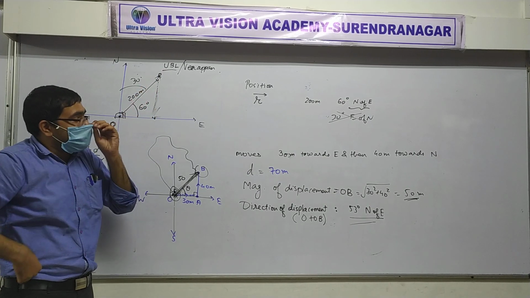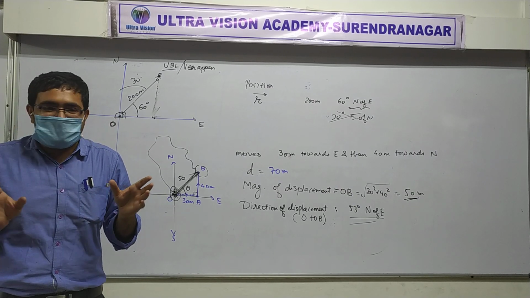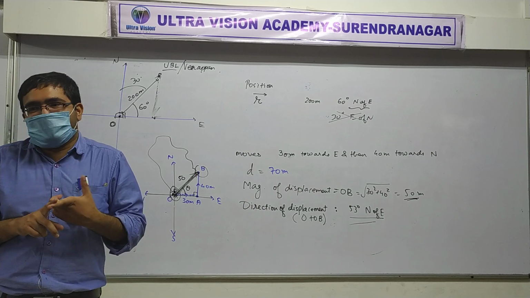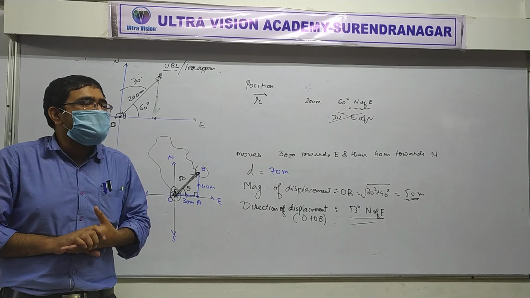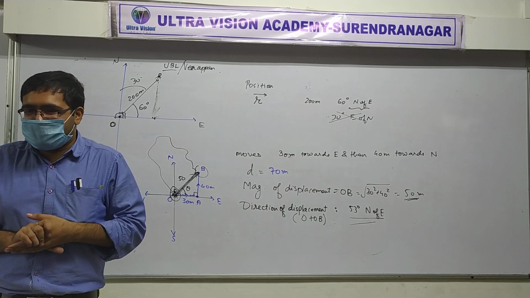A vector must have only one direction, it should not have 2 or 3 different directions. Did you understand? Path length is a scalar, just like I mentioned earlier in chapter 3, but displacement is a scalar or a vector? Vector.